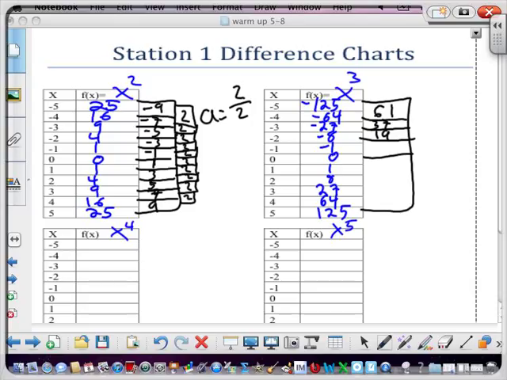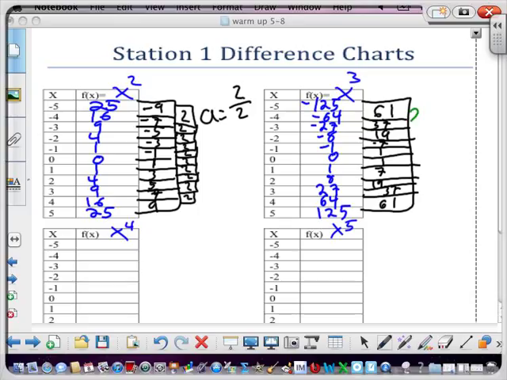Did I skip one? Oh, -8 to -1 is 7. 0 to 1 is 1. So we have 1, 7, 19, 37, and 61. Okay, now I have to do another one because I have to do my second differences.